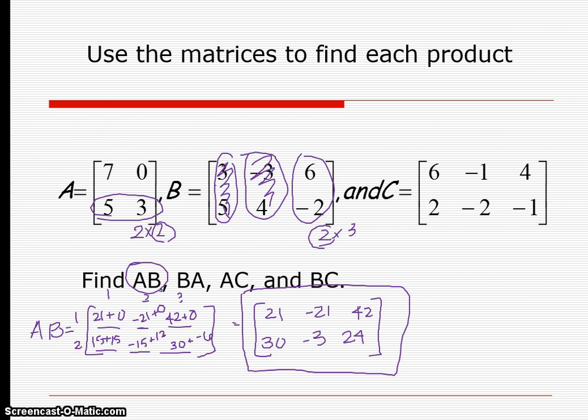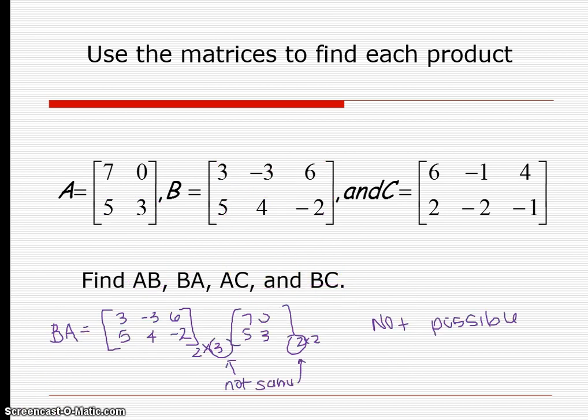I want you to now do BA, AC, and BC if they're possible. When you do B times A, you're doing a 2 by 3 matrix times a 2 by 2 matrix. The middle numbers, columns of the first one, rows of the second one, are not the same, so this is simply not possible.